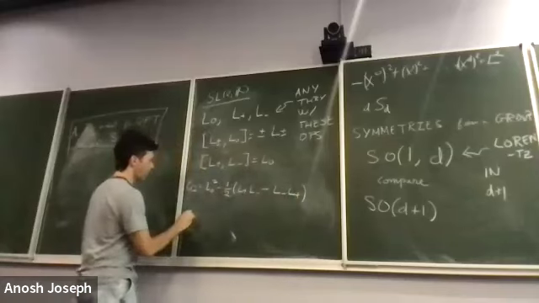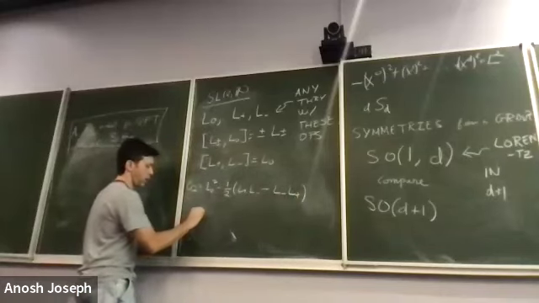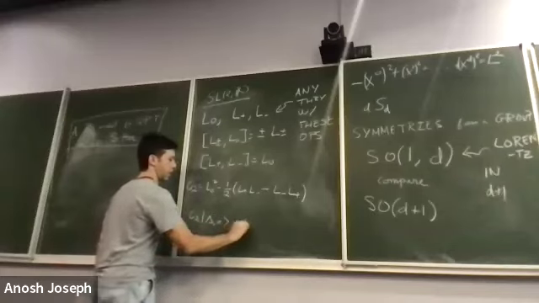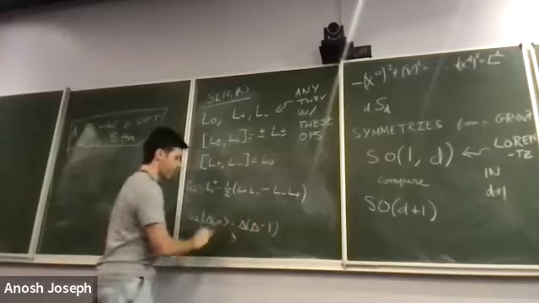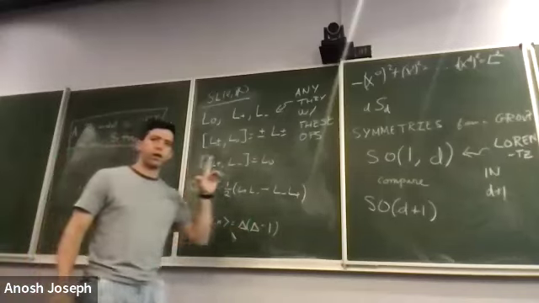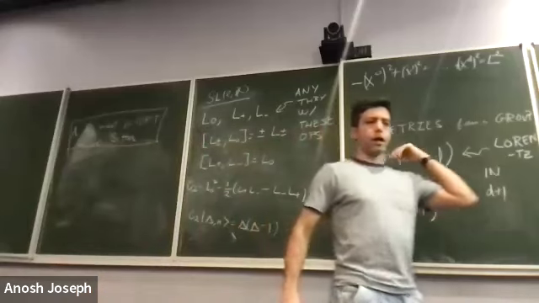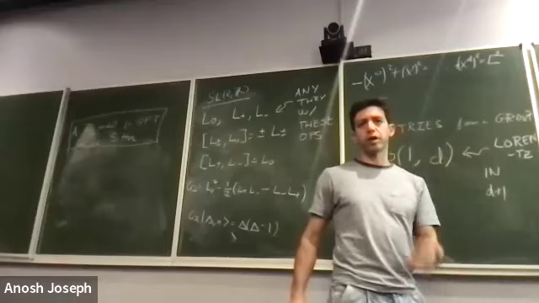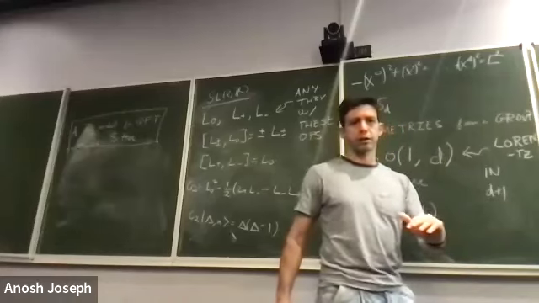And if I act with C2 on any state delta, n, I get delta times delta minus 1. It doesn't matter which n. Just like if I act with the Laplacian on the sphere on any Y_LM, I'll get L times L plus 1, independent of what M is.